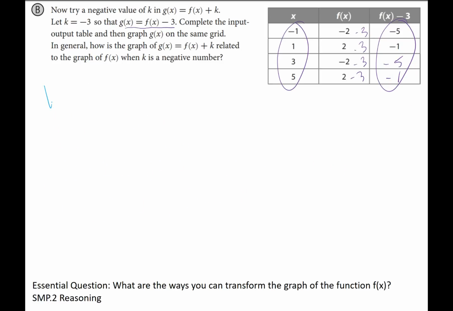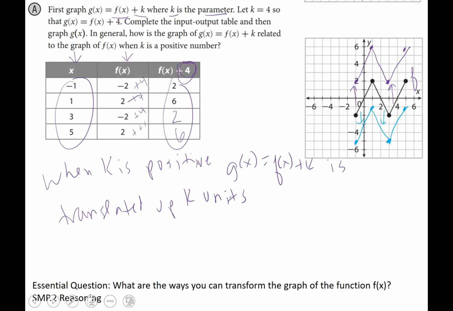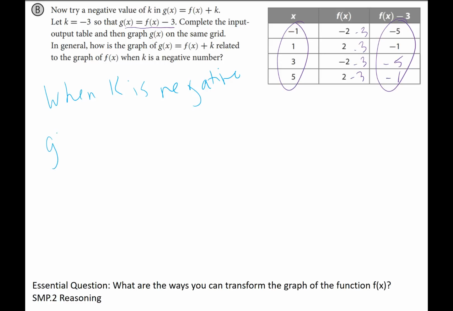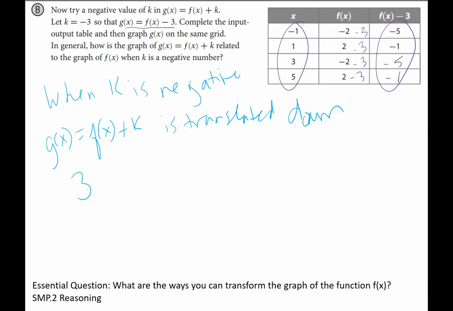So we're going to write when k is negative, g of x equals f of x plus k is translated down, it says down 3 units. I notice I don't put -3, I put the word down. Down is taking the place of the negative sign.